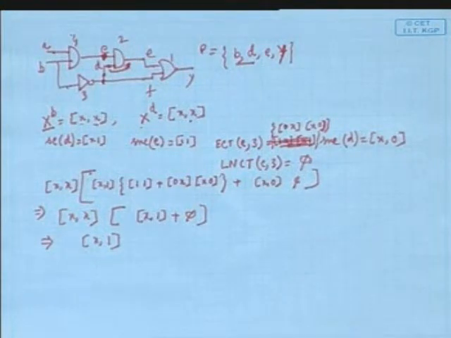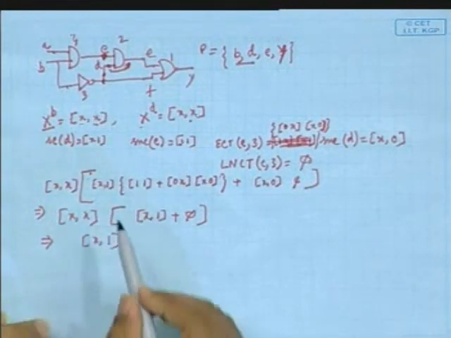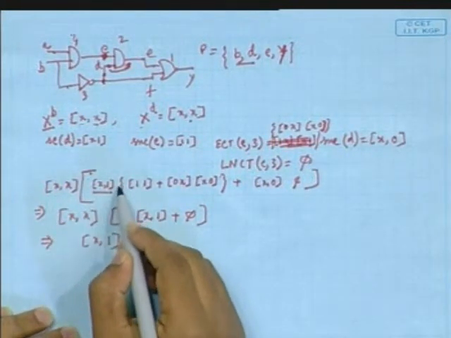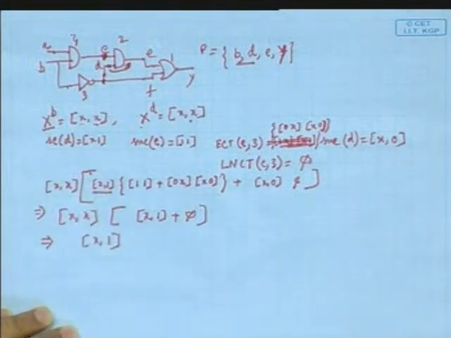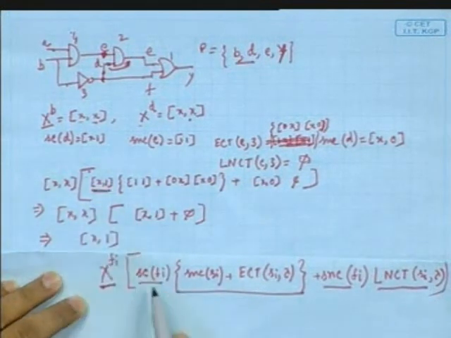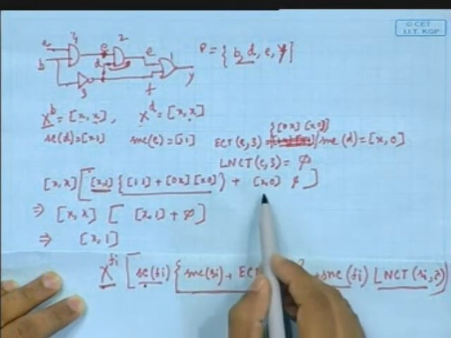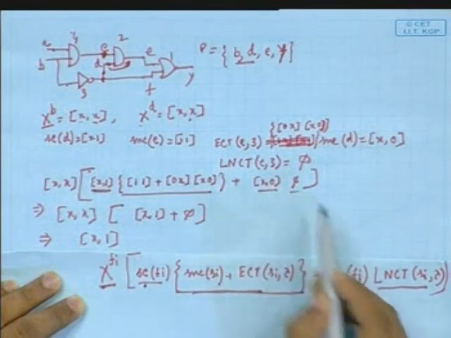Fine. So can you do the next level? Last step. See here, there is a logical AND. This term basically corresponds to controlling value, this whole term corresponding to this, and this term for this, and the phi is for this.